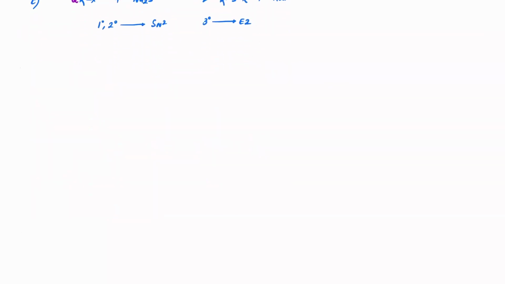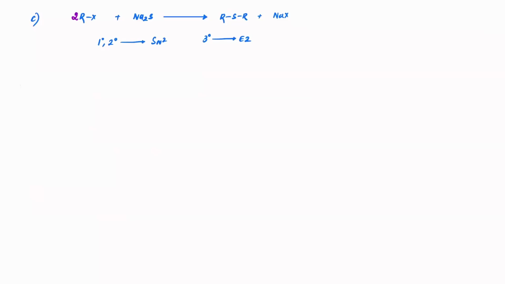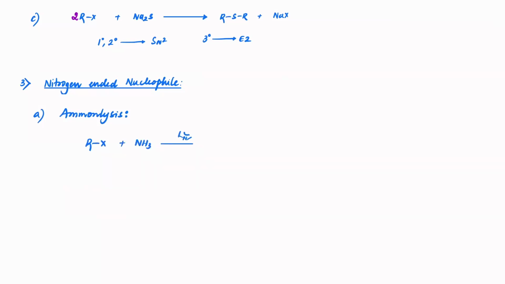Done. Check. Now let's see nitrogen as the nucleophilic end. Nitrogen nucleophiles, starting with ammonolysis. Ammonolysis is a type of reaction where an alkyl halide reacts with ammonia to give amines of different kinds: 1 degree, 2 degree, 3 degree, and 4 degree, which is quaternary ammonium salt.